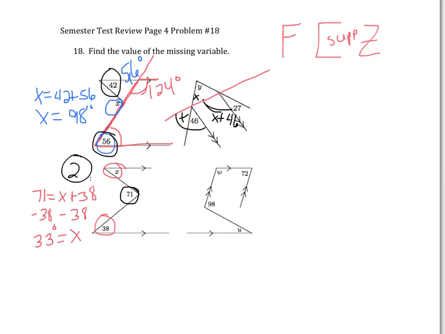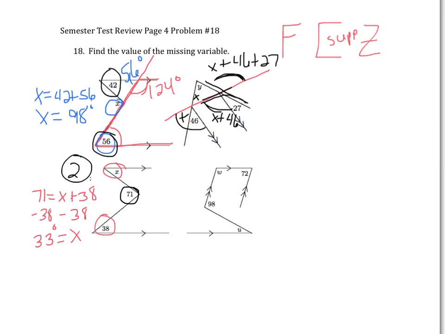Well, then I notice that I have this vertical angle here. So I know that this right here is going to equal X plus 46 plus the 27, because that all makes up this angle right here that's a part of the vertical angle. All right, so this is an exterior angle to the triangle.